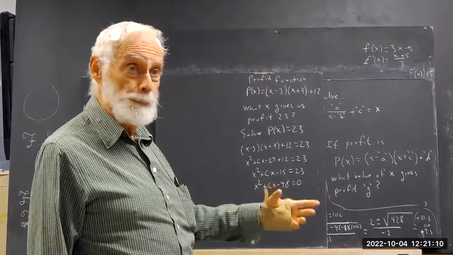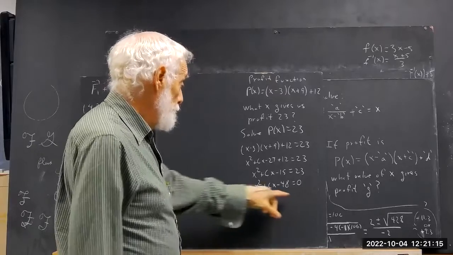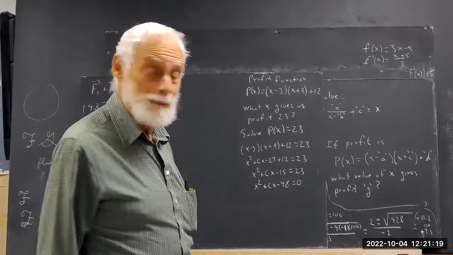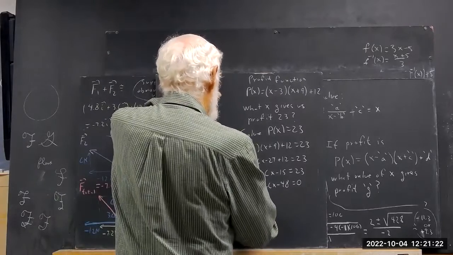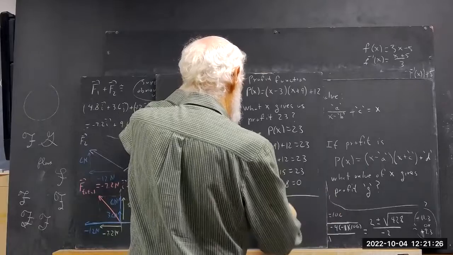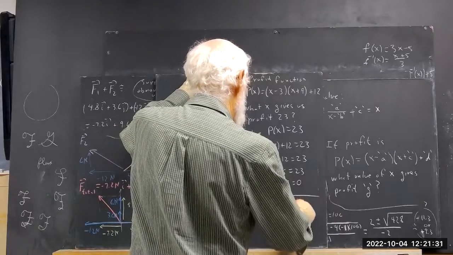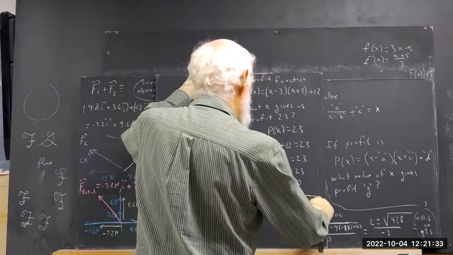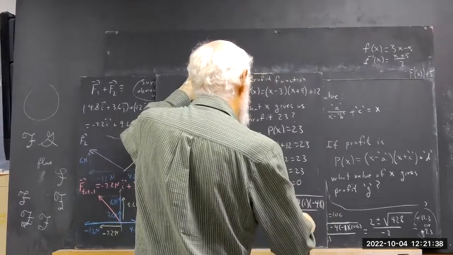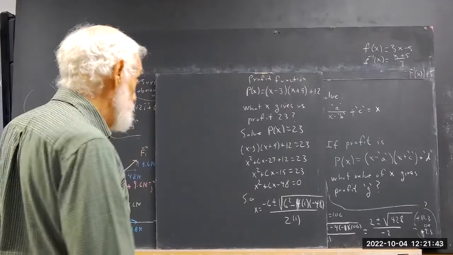You need to do all the steps so that you keep reinforcing what you need to do. But here we have it. Well, how do we solve this? We apply the quadratic formula. Very straightforward.